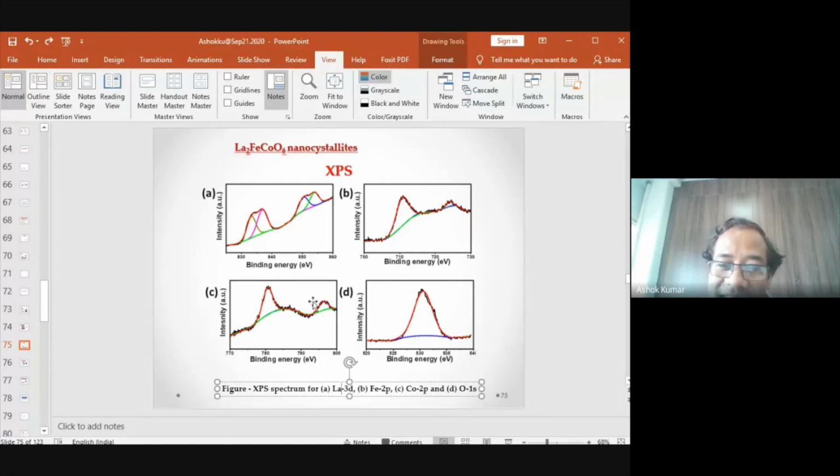That means you can study oxidation states with the help of this technique. If you have lanthanum as +2, +3 or La0, you can easily know, because the binding energy peaks will shift according to oxidation state. And this case is a mixture, so then you can know what kind of state it is.